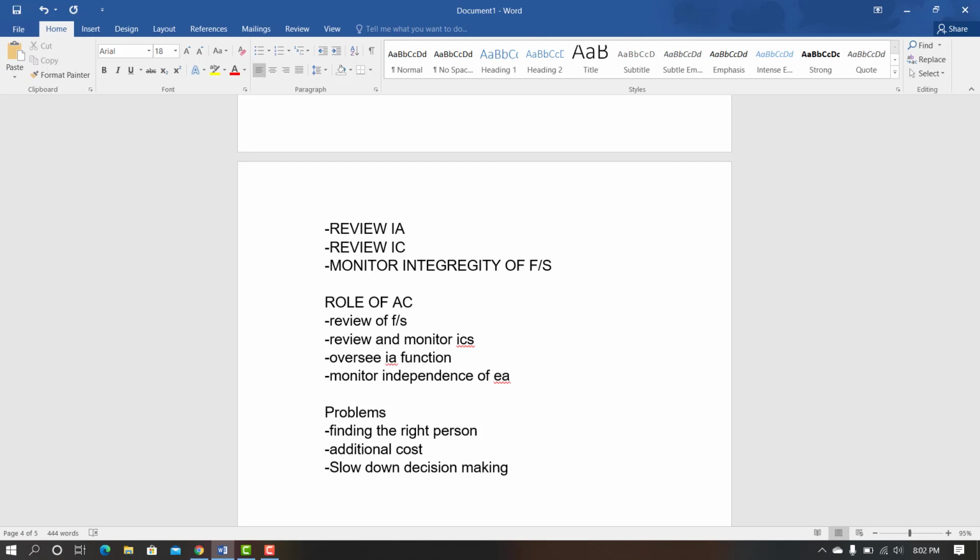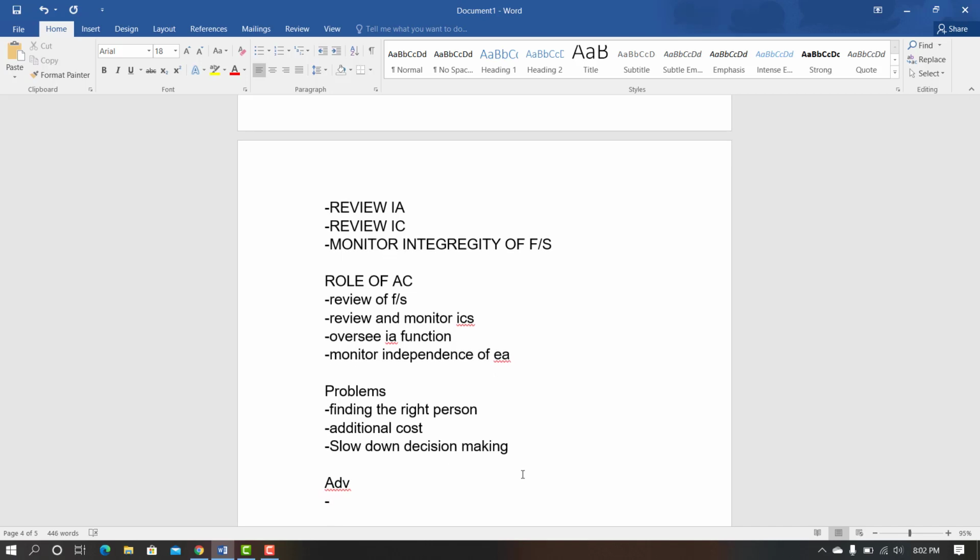So let's look at the advantages of the audit committee. Advantages. So having an audit committee will increase auditor independence.